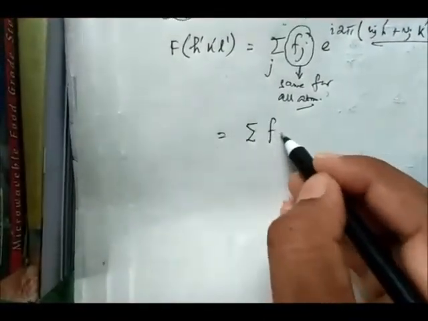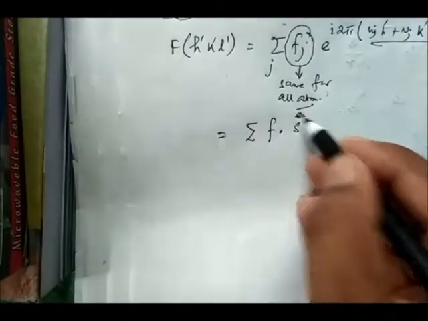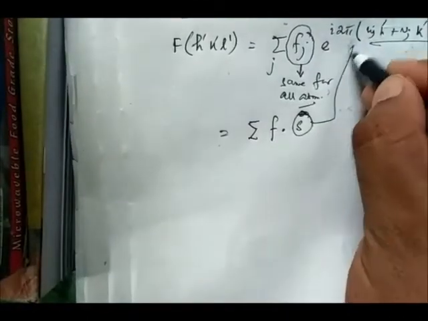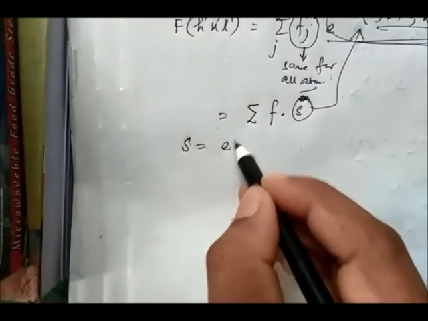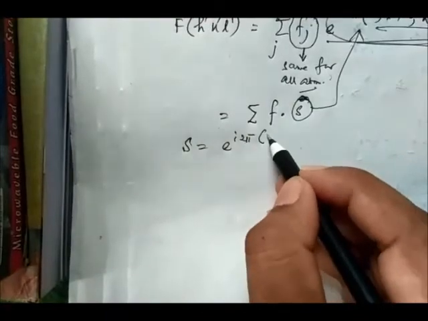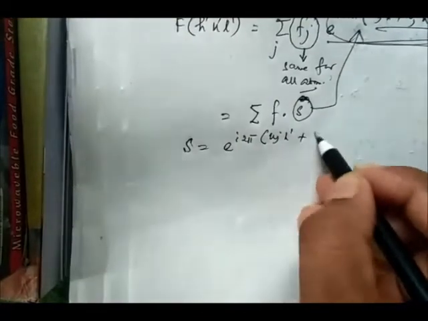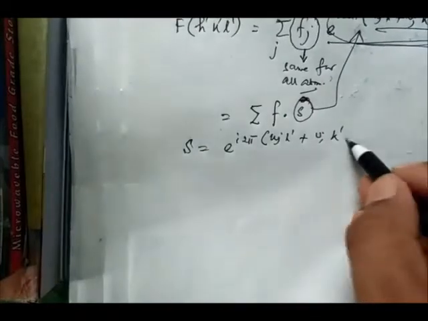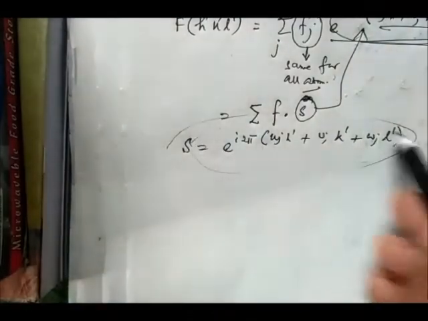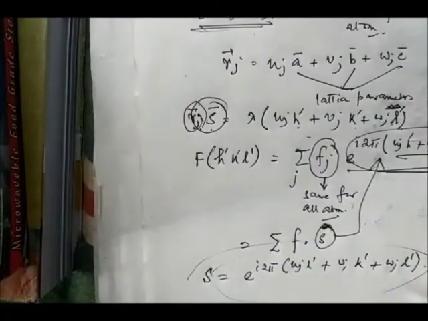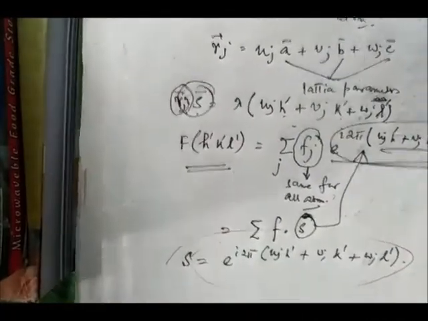Just the sum of f into S, where this S represents the whole term here, this exponential term. S is basically e to the power i 2 pi (uj h' plus vj k' plus wj l'). Now if you look at this, this F(hkl) is the geometrical structure factor.